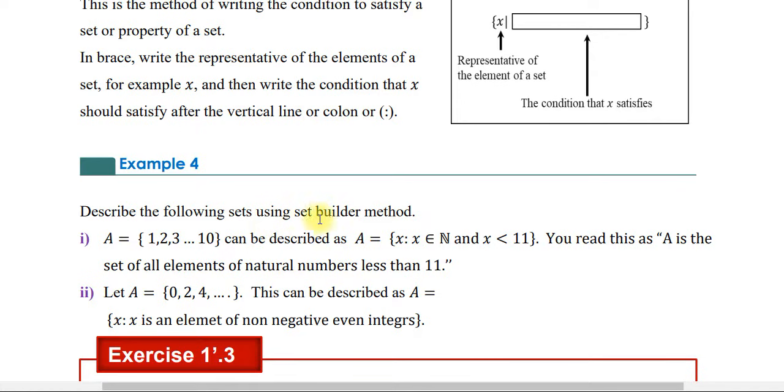Describe the following set using set builder method. A. Set containing 1, 2, 3 up to 10 can be described as A which is equal to the set containing x such that x is an element of natural numbers and x less than 11. You read this as A is a set of all elements of natural numbers less than 11 ተብሎ ይነበባል ማለት ነው። ይህ ሴት ቢልደር ሜተድ እንለዋለን። And next, let A be 0 to 4.